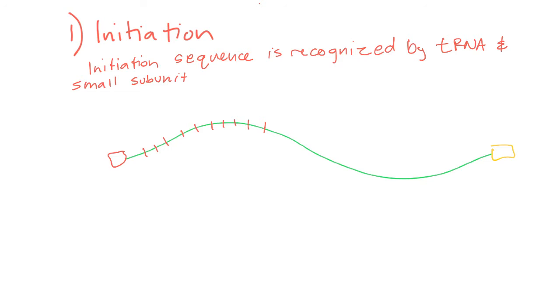And the initiation sequence is an AUG. Okay, so you may have a C, a G, an A. And the ribosome is going to just kind of read, the small subunit's going to read along there. It's not going to bind to anything until it comes to an AUG. Once it sees that AUG, then it will now bind in this area.